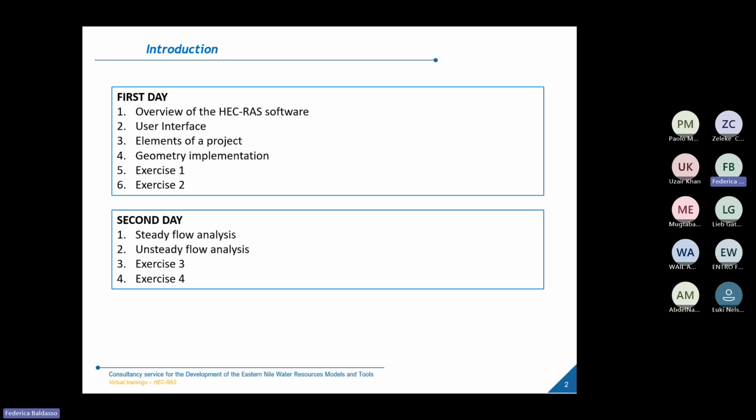So we are going to see all the features, the tools available to make a geometry to perform some simulation. And then we are going to do some exercises. So the first part is, let's say, a little bit more theoretical, and then we will try to apply all the things that we are going to learn with some more practical exercises.